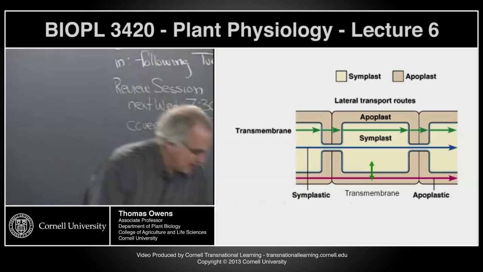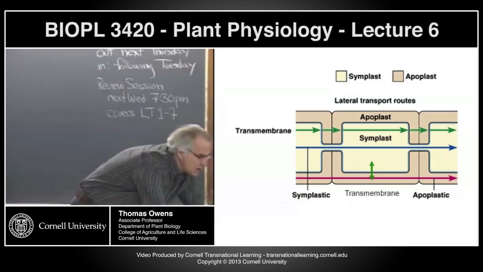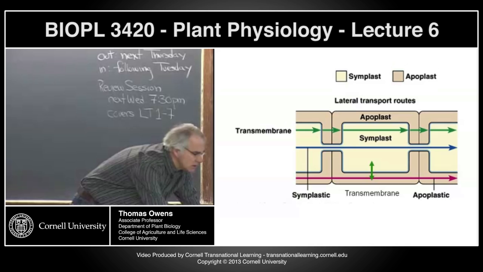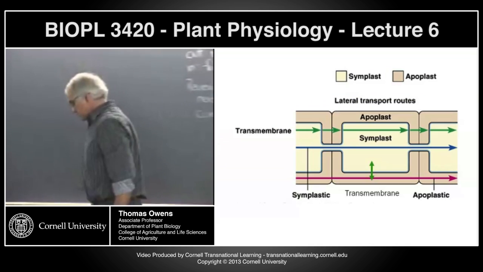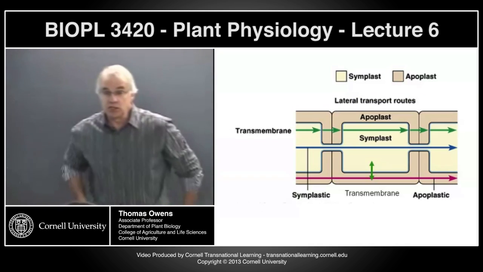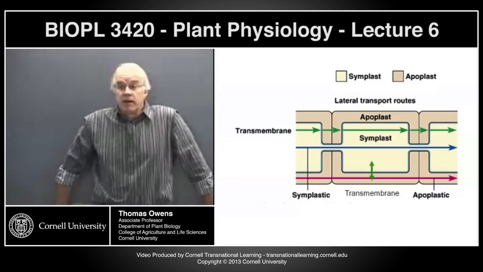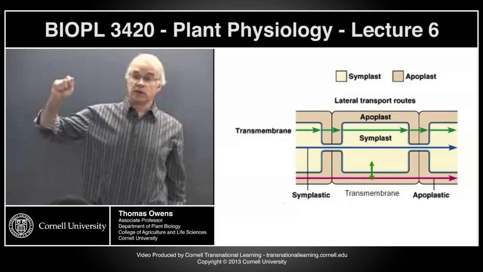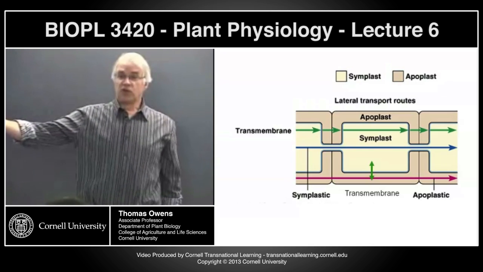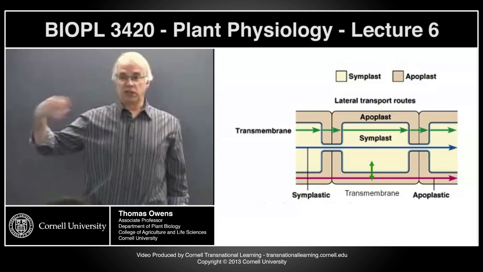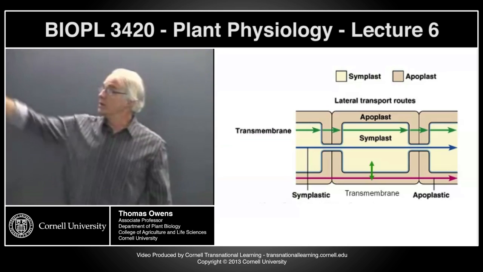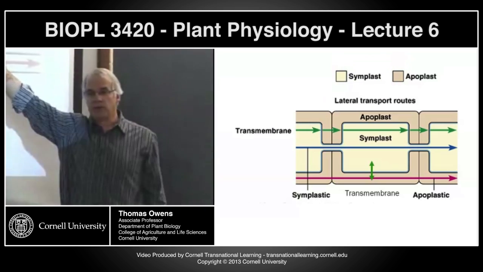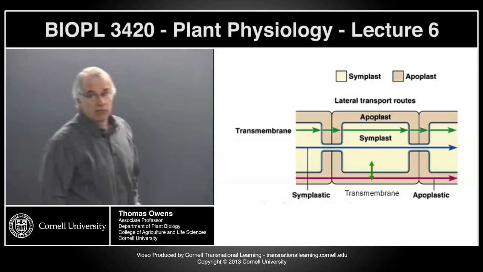So last time, we got to go back to our last lecture where we were talking about transport in the xylem. Let me just quickly review the things that we were talking about as far as processes in the roots. One of the most important terminology things that you need to be comfortable with is symplastic versus apoplastic transport. It's not just relevant in the roots.